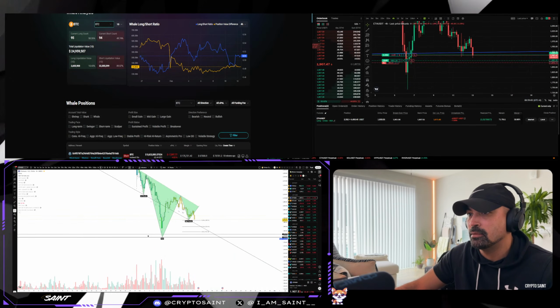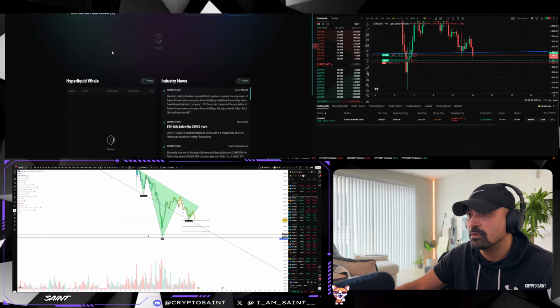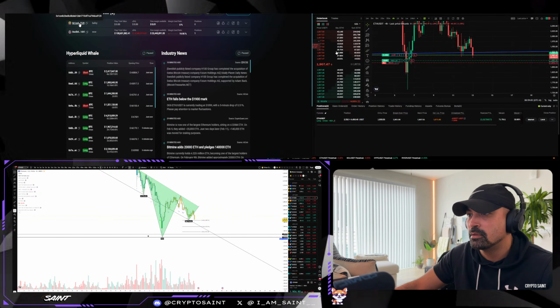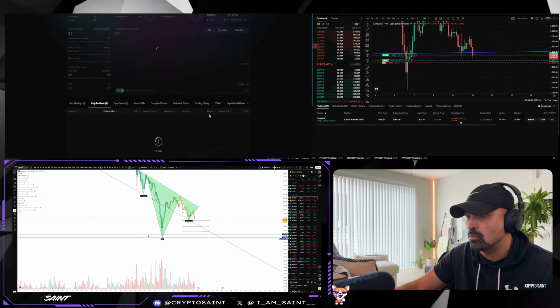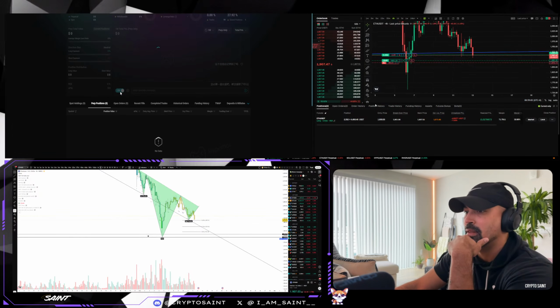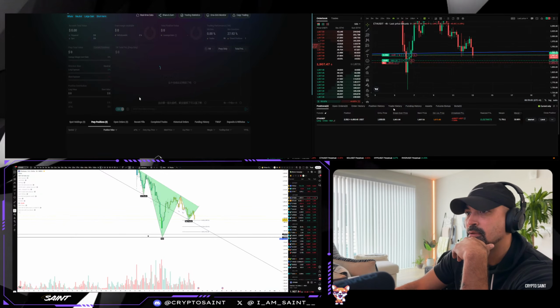This whale that we've been tracking, these went from 125 down to 111. I don't think Hyperbot's probably going to do the same thing.